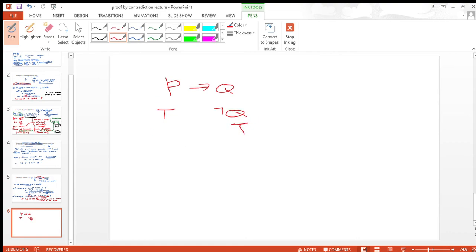So use your P and not Q as your assumptions. Work around with those assumptions until you encounter a contradiction. If you have a contradiction somewhere along the lines of your proof, then you conclude that P implies Q is also true.